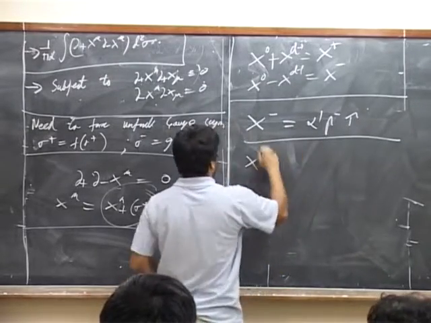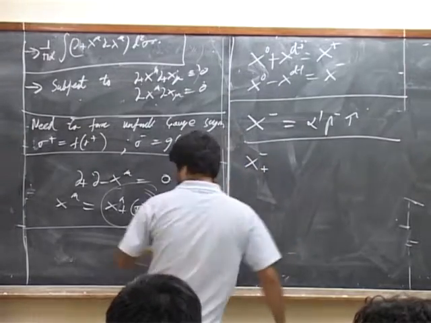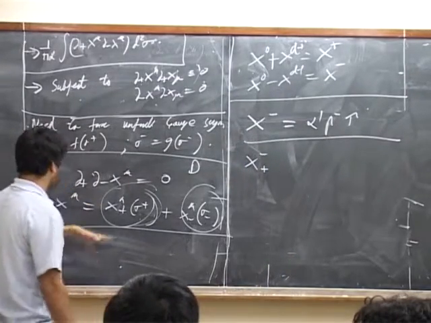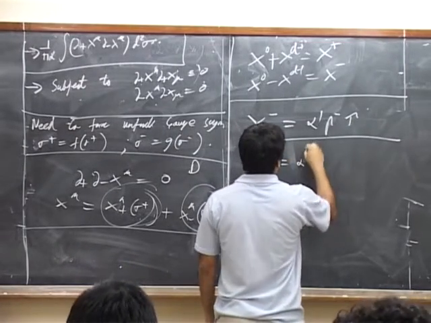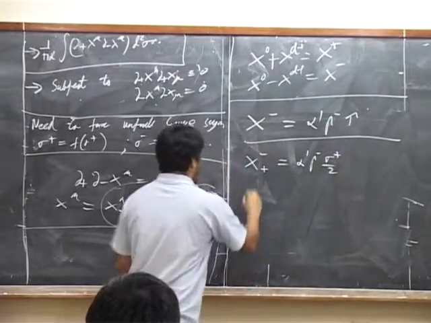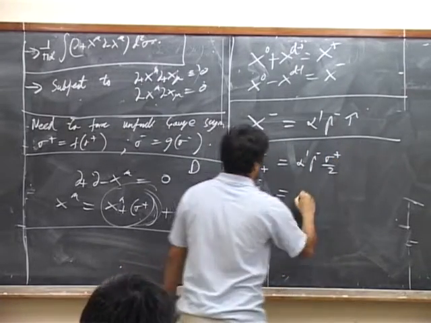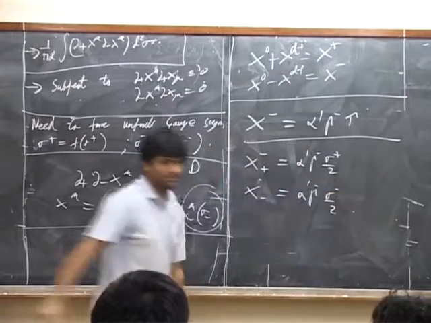But let me write this better as x minus plus the right moving part. X minus plus is equal to alpha prime p minus times sigma plus over 2. And x minus minus is equal to alpha prime p minus times sigma minus over 2.